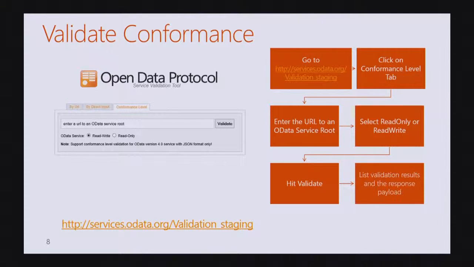This is not yet released, so it is in this super hidden URL namespace, validation_staging. It's a new tab that has built rules specifically around conformance, and it will dynamically look at your service and try to execute queries to test it and figure out what level of conformance it is.